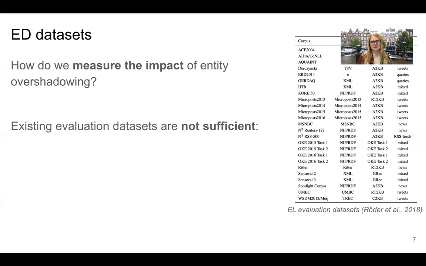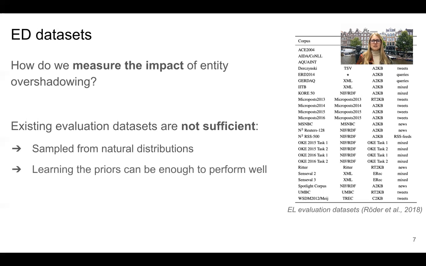So we want to measure the impact of entity overshadowing, but we see that the datasets that exist for evaluation of entity disambiguation are not quite sufficient for studying this phenomenon because they typically consist of news, tweets, books, things like that. And therefore, they mirror the same distributions that cause entity overshadowing.